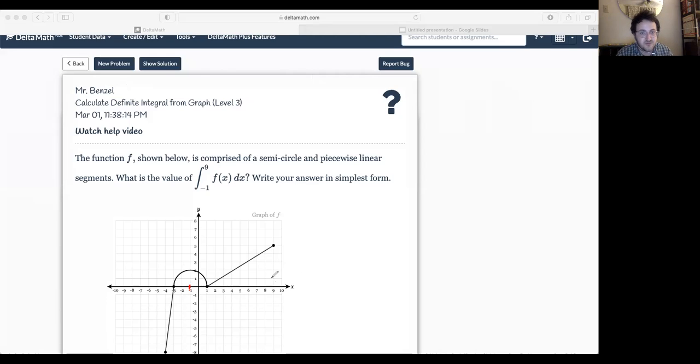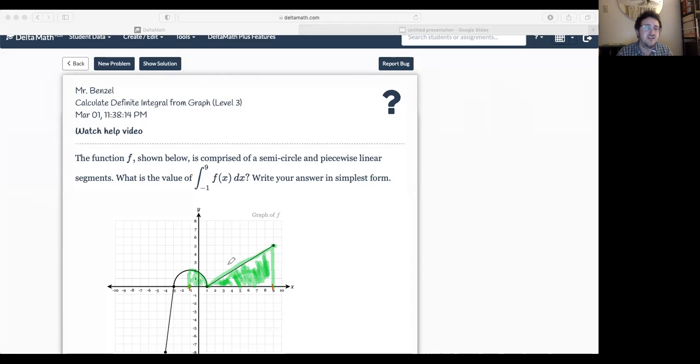So here we're going from -1 to 9. And I'm just going to trace, so it is green, so it's positive. So I'm just going to trace the curve from -1 to 9. And then I'm just going to color the areas.